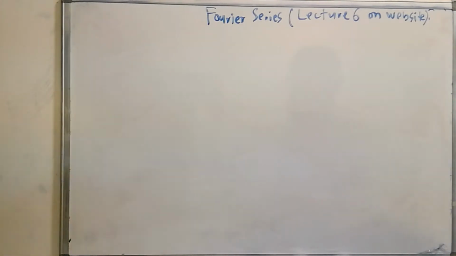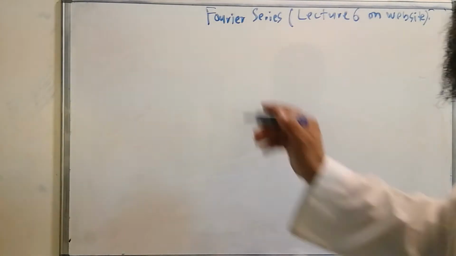So this is the difference between the Fourier series and the Fourier transform. Both of them convert the time domain signal into the frequency domain signal.